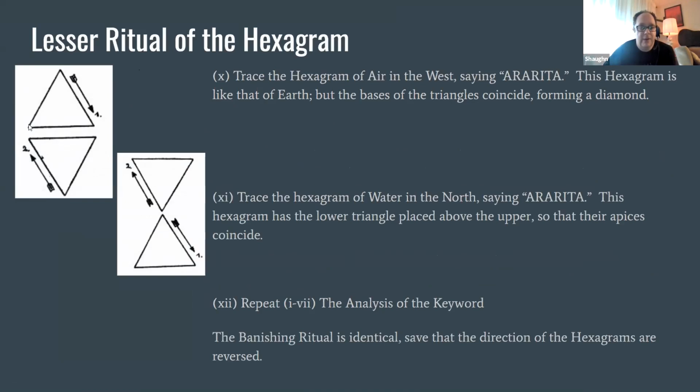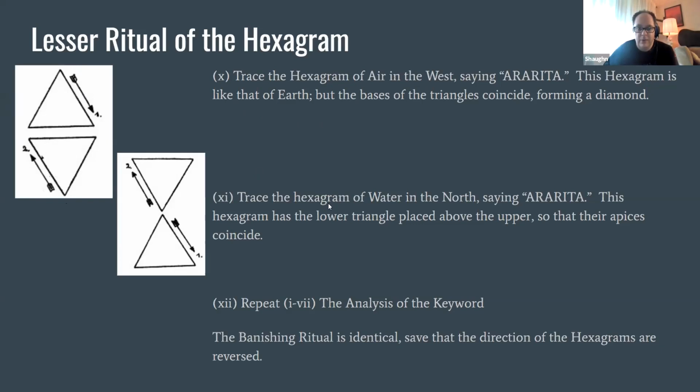I remember this one as it looks like an A because of the top triangle, but it's in the same manner where you start with the top point and go in a clockwise manner. Start at the bottom point and go in a clockwise manner for the second triangle. So again, you trace the hexagram of Air in the west, saying Ararita.